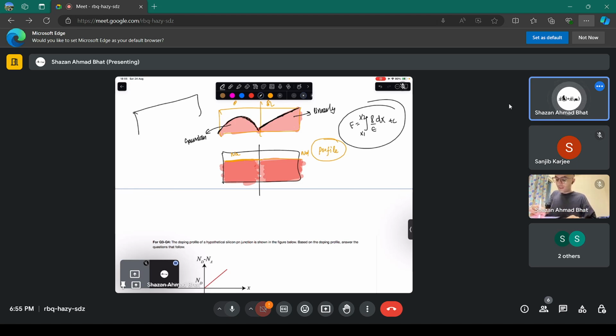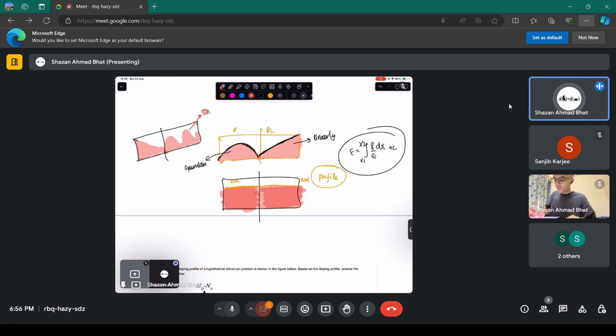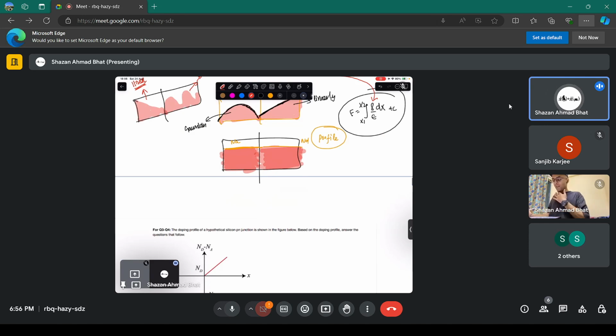Let's say I have a silicon and I dope this region as this, and this region as this. Let's consider it a sinusoidal doping, and this is again a linear doping. Then you put those functions here, solve the integral, and you get the field profile as well as the other things you might have to compute.